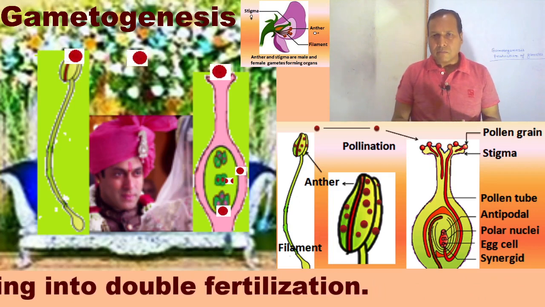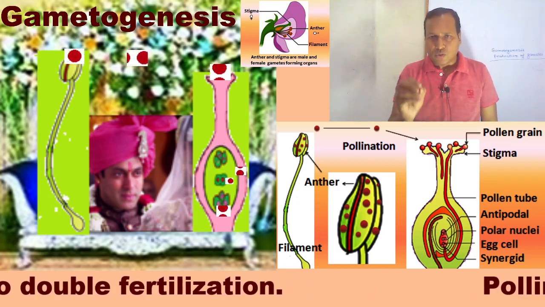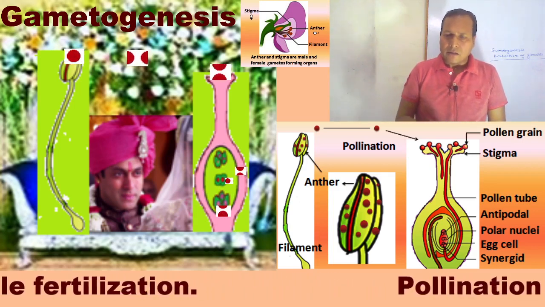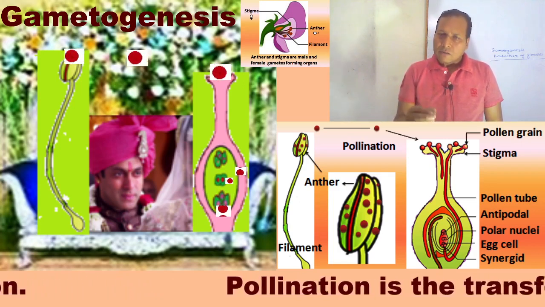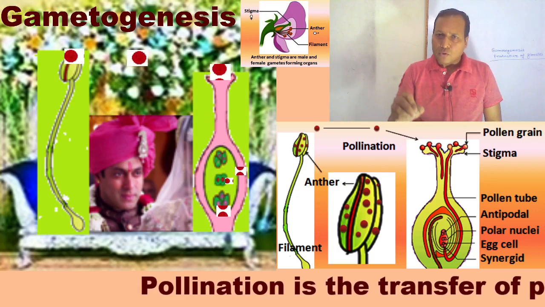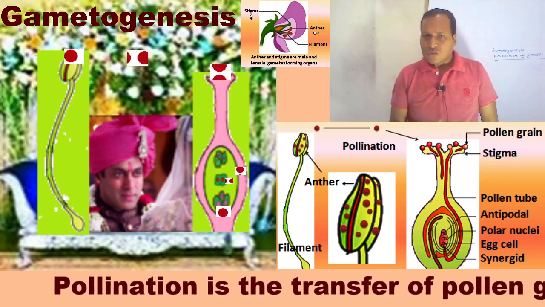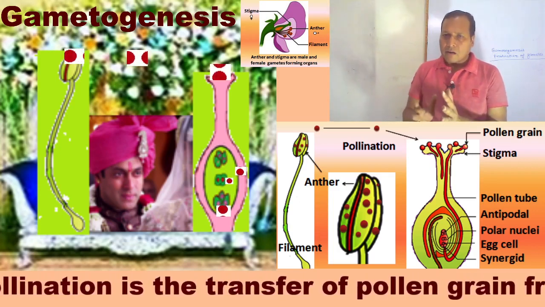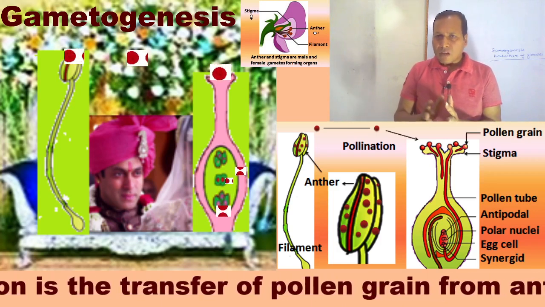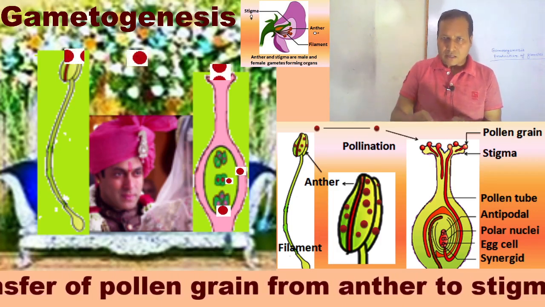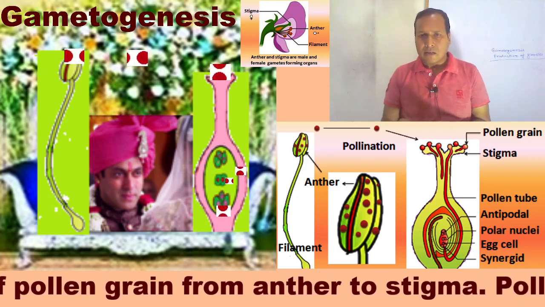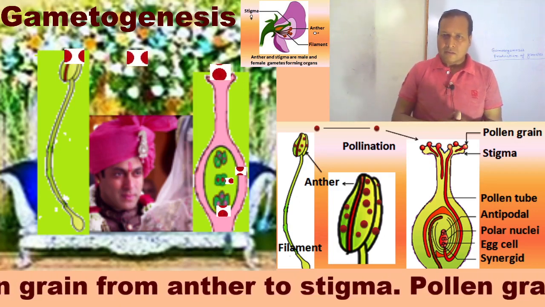Stamen is the male gamete producing organ and gynoecium, that is the pistil, is the female gamete producing organ. So male and female gamete producing organs are present in a flower.